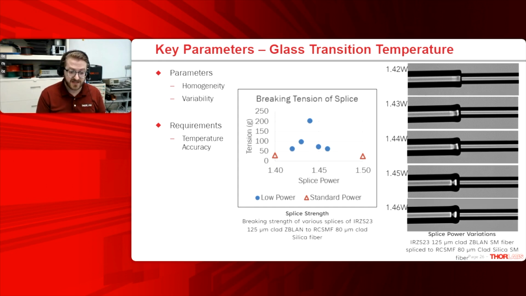And then embedding that silica in the Z-blan forms a joint with hoop stress as it cools. Again, each of these is different by only 0.01 watts of heating, but there's a huge difference on rounding and a huge difference on strength.